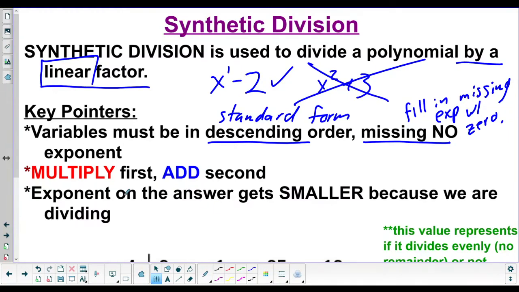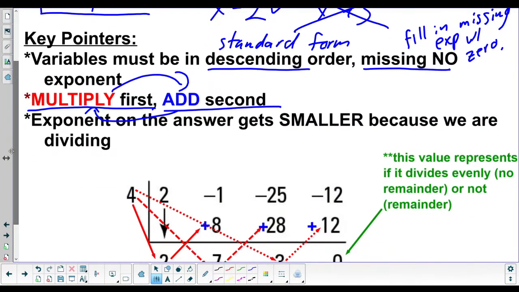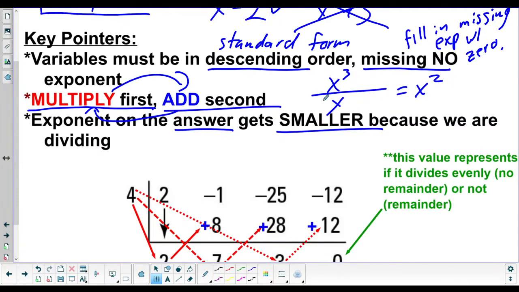Okay. We are going to multiply first, then add. Basically, we're going to go multiply, add. Multiply, add. Multiply, add, and you're just going to repeat that circle until you run out of stuff. The exponent on the answer will be smaller because we're dividing, right? Think about it. If you have x to the third power and you divide by x, the answer is x squared because you took one out.